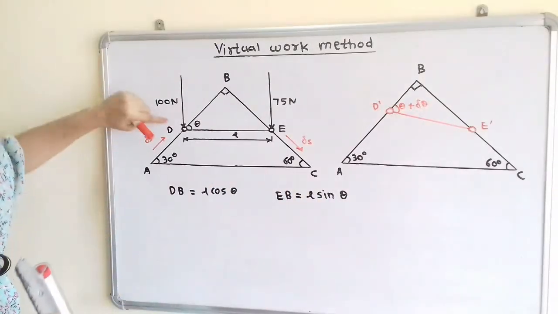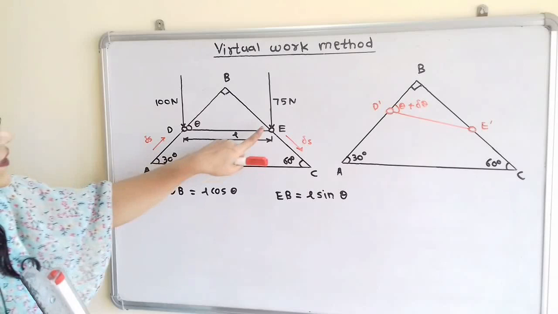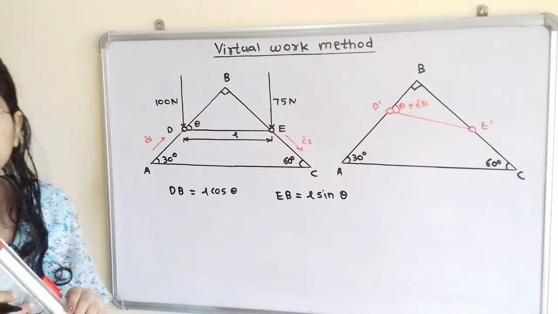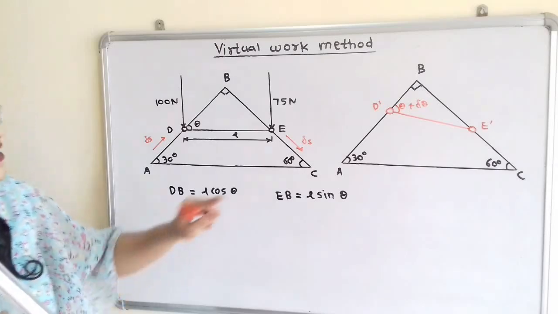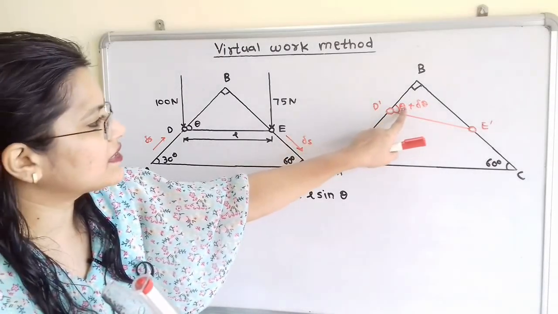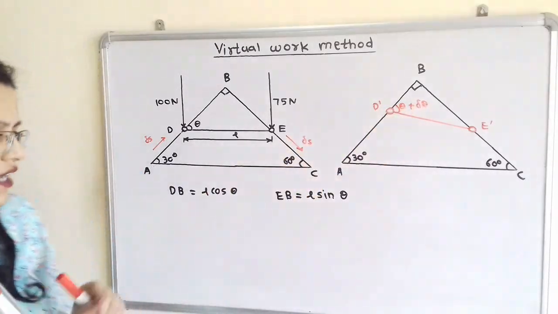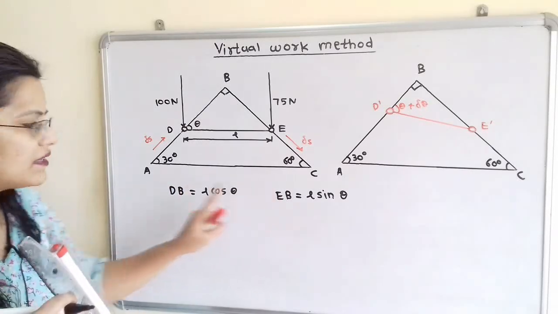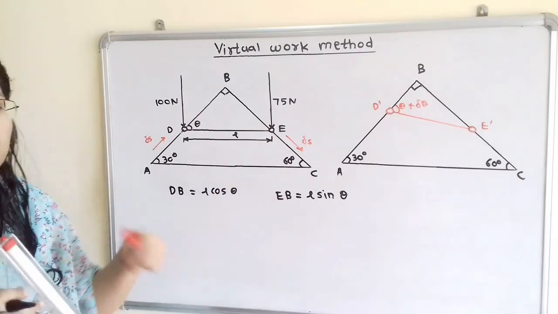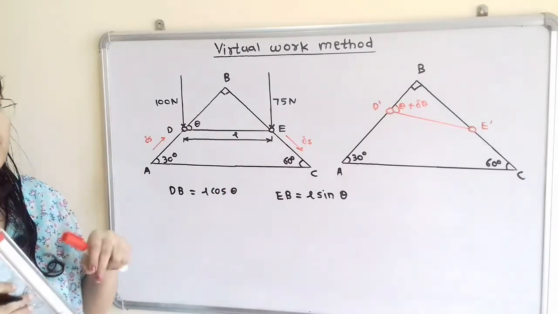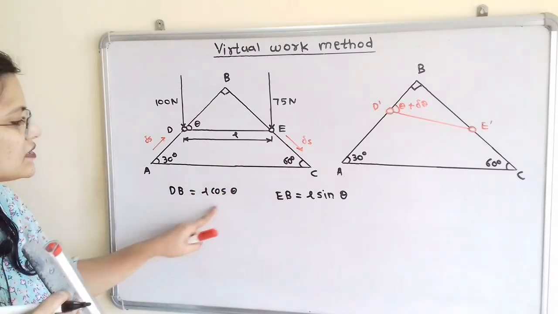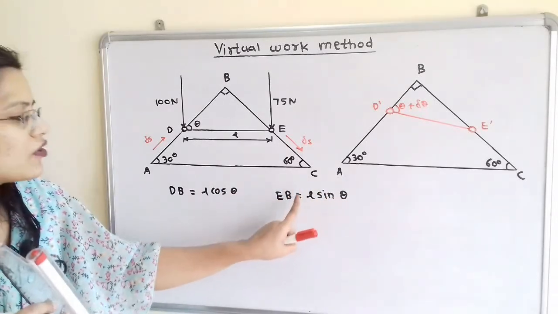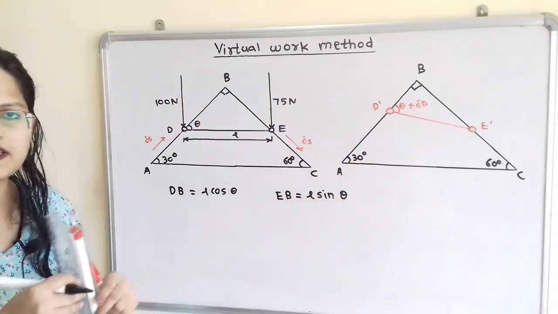Now we have displaced the ball at D as well as the ball at E. A small displacement is given, and that's why there is a change in angle theta, that is, theta plus delta theta. So how can we convert these linear displacements DB and EB into angular displacement? We will differentiate, because DB is equal to L cos theta and EB is equal to L sin theta.